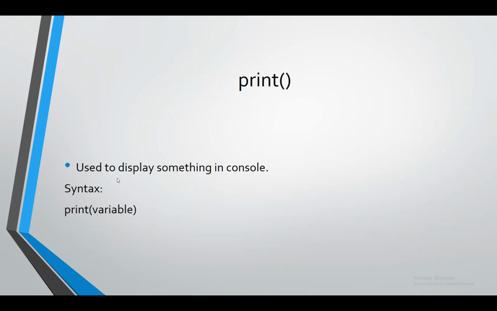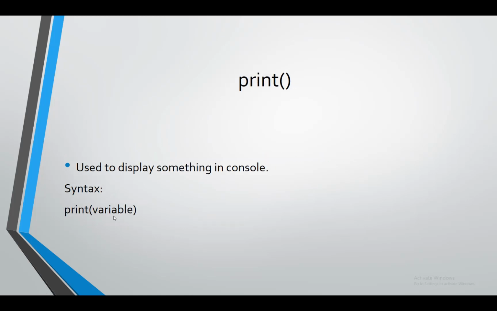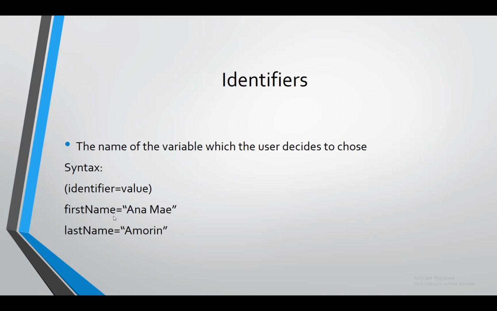So here, how to print. You know that already. It's used to display something in the console. And this is our first activity. The second one is this one. You have to put the identifier and the value of the name.